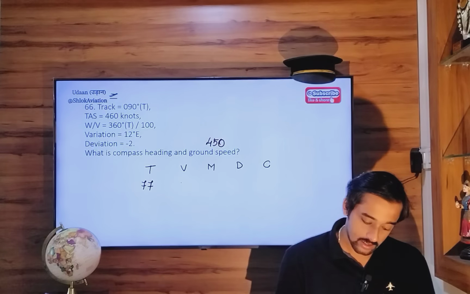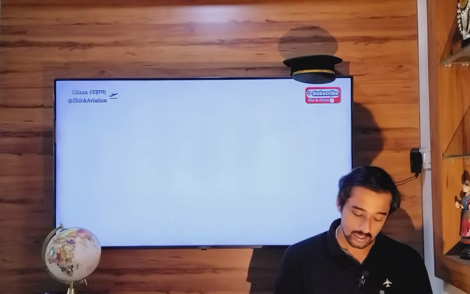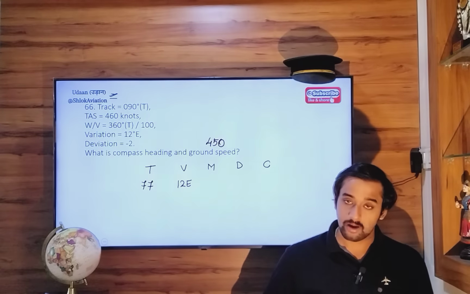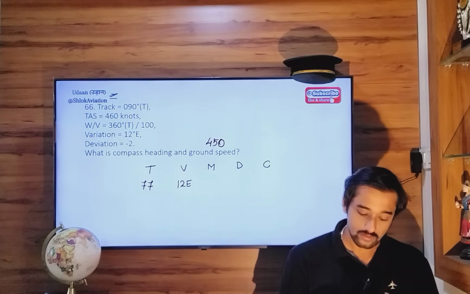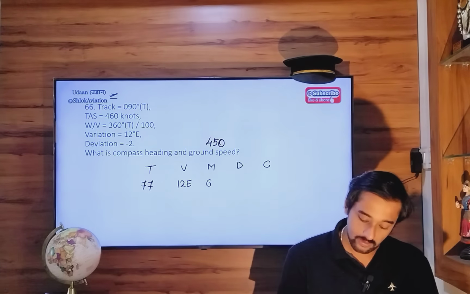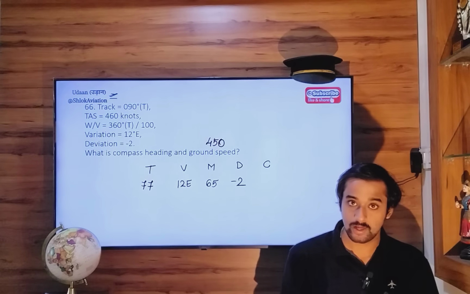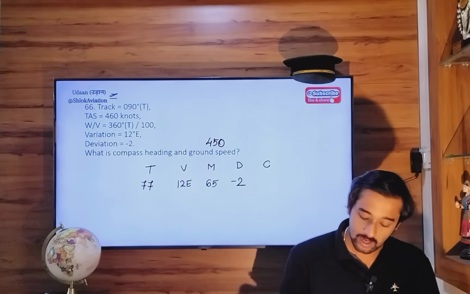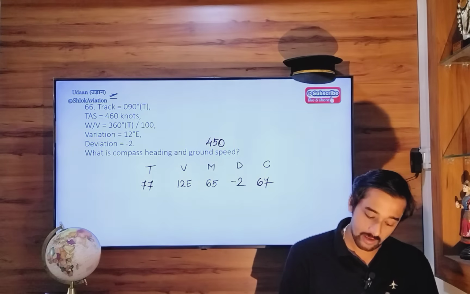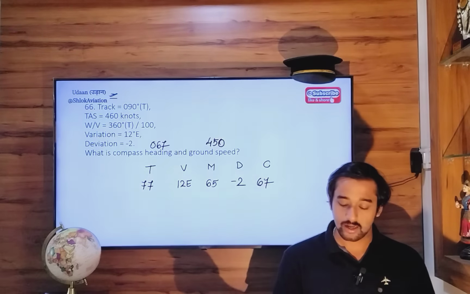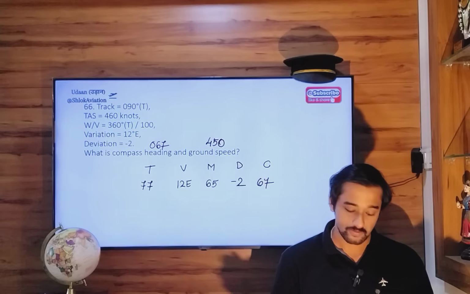Variation is 12 east. Magnetic will be least, so 77 minus 12 is 65. Deviation is 2 west. Deviation west, compass west, so 65 plus 2 is 67. So the final answer is compass heading 067 and ground speed 450.